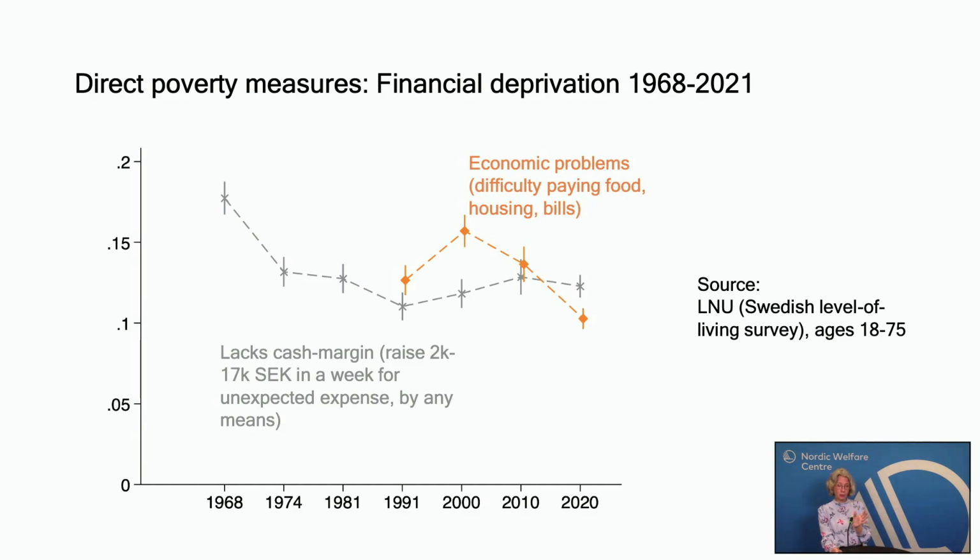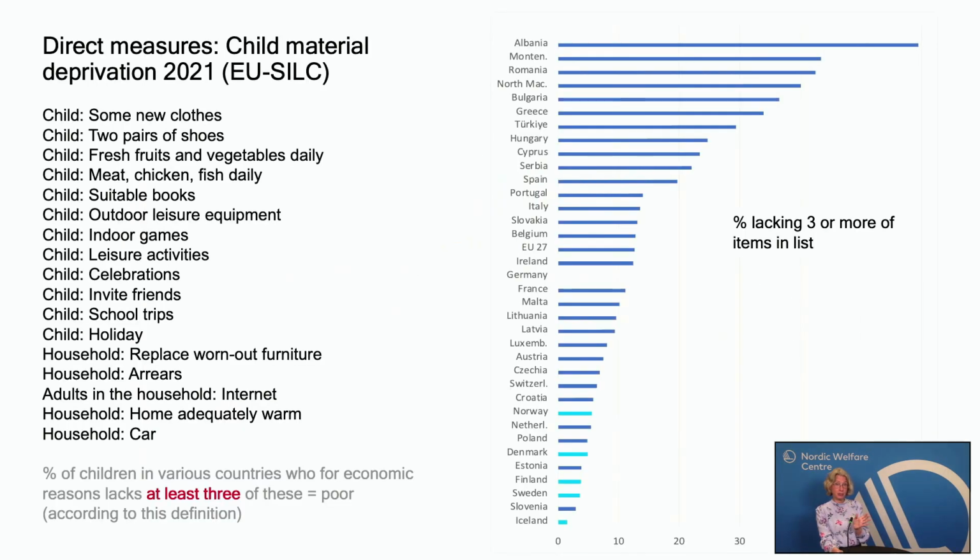Another kind of direct poverty measure is asking parents about themselves, but also about their children. Here we have child material deprivation reported from EU-SILC, which is done in several European countries. Here we can get an international instead of a historical perspective.